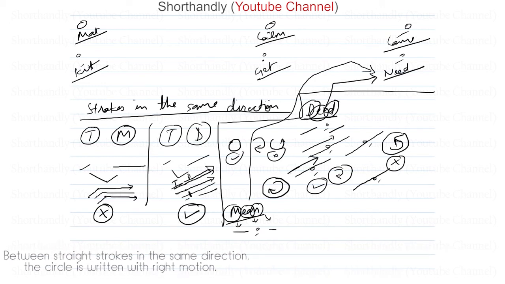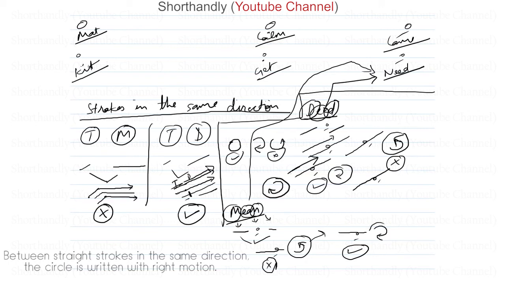Now let's join these three, and we get a final character like this. Again, this one is wrong, because we used a left rotation circle, left motion circle. So instead we have to make it like this, using a right rotation circle, so this one is right.